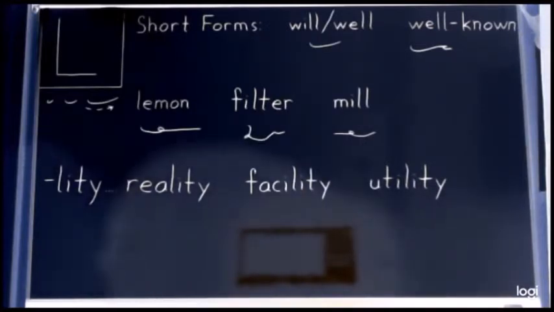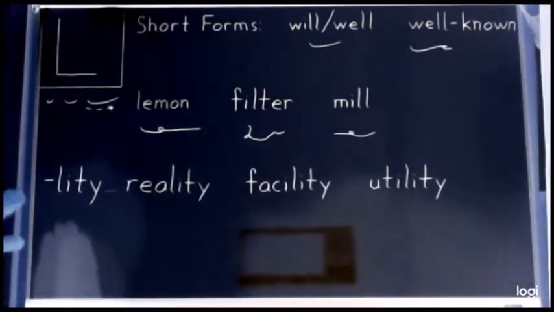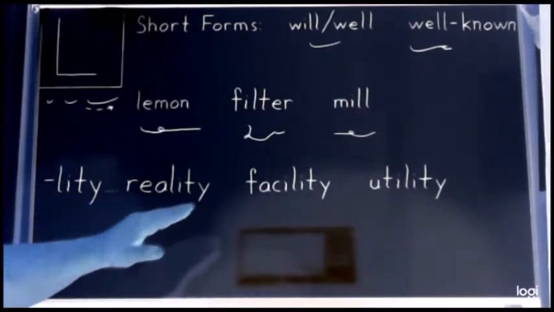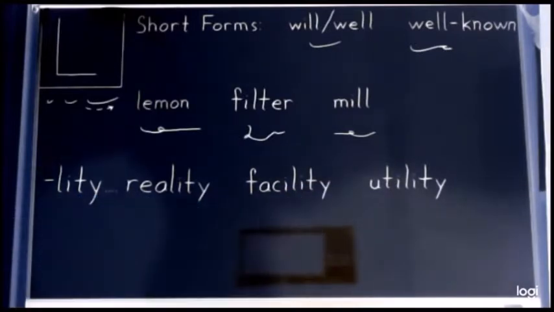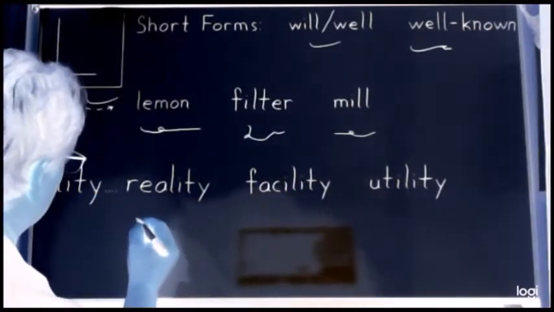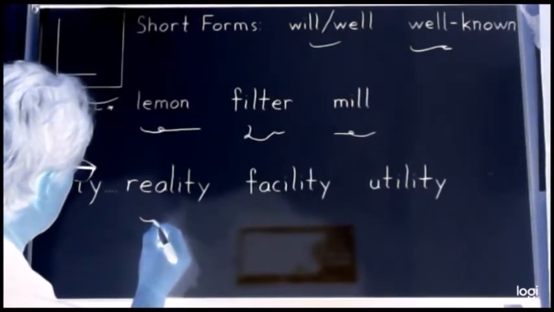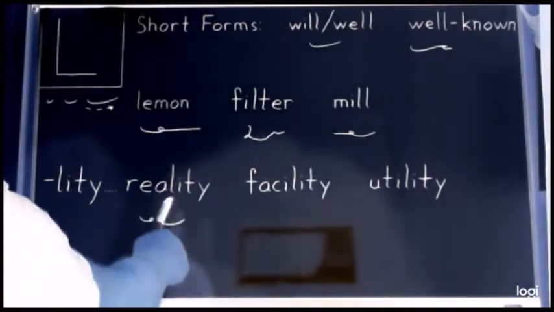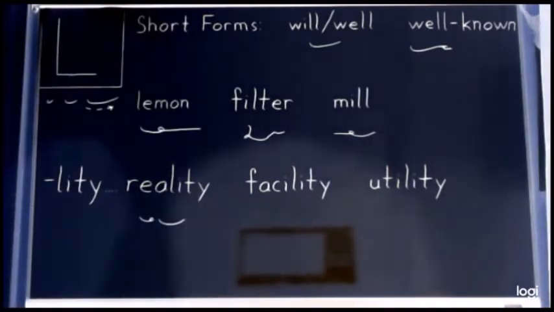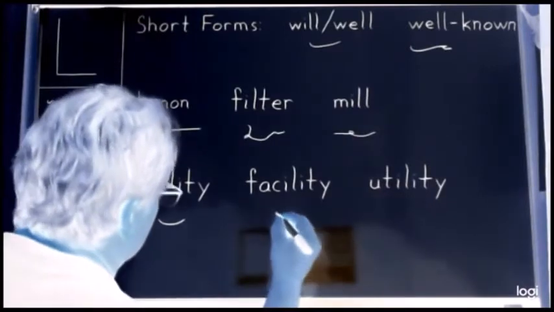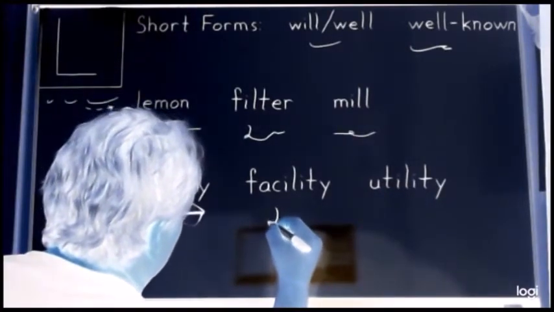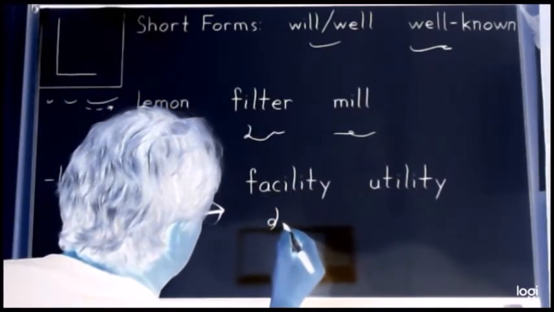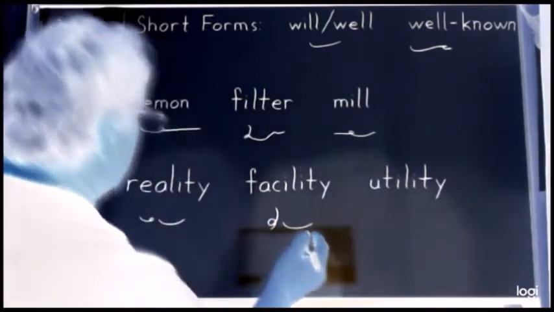The L can also represent the disjoined suffix lity, like in the words reality, facility, and utility. For reality, write R-E, then a disjoined L, meaning the lity part of reality. For facility, we'll write F-A-S, the I is understood, and the disjoined L for lity.